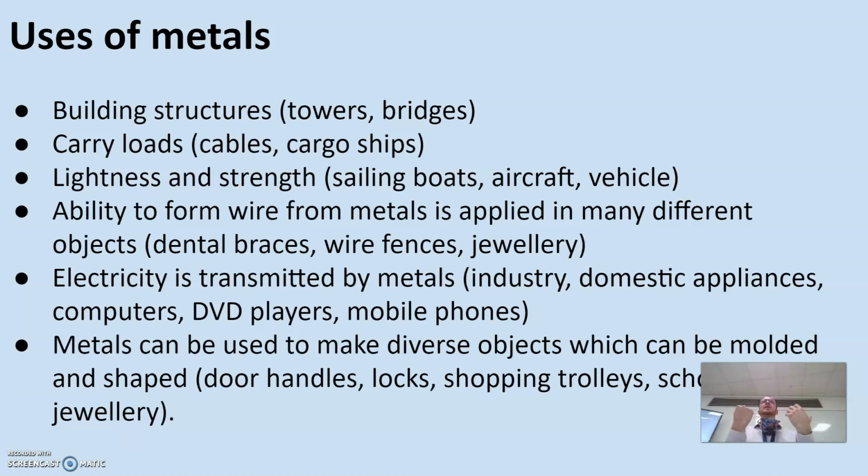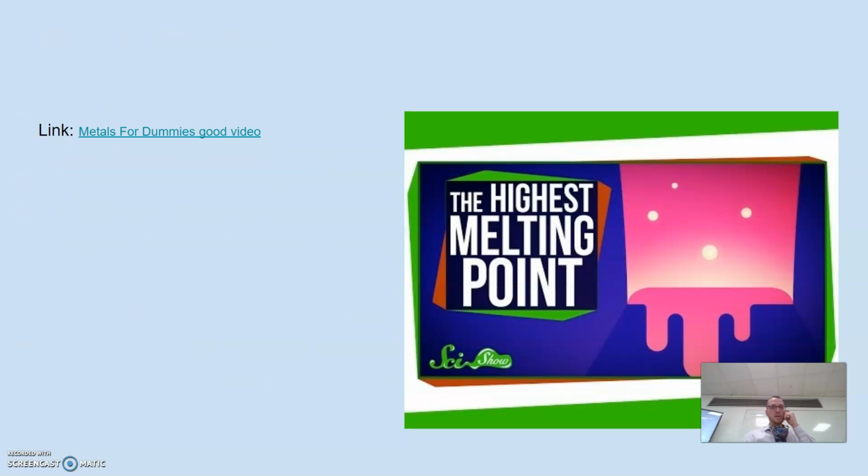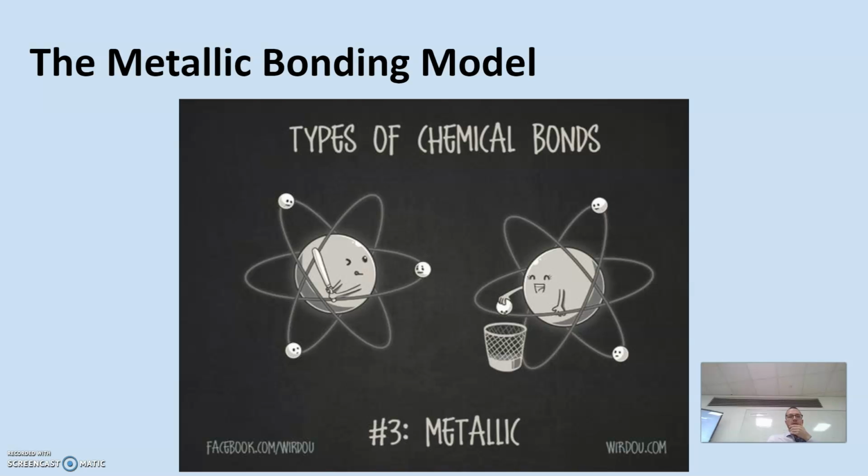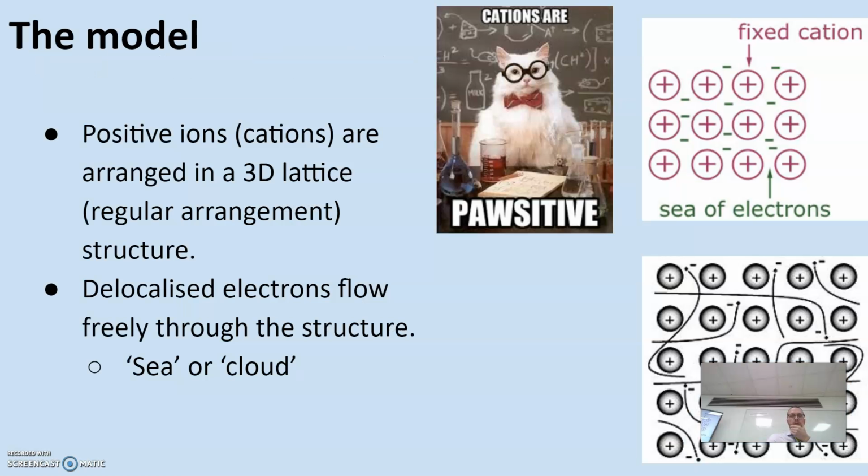Carbon takes out the oxygen from the aluminium oxide, and we get liquid aluminium. Huge aluminium smelter down near Portland. Requires a large amount of electricity. Highest melting point, you can look at that later if you're interested.